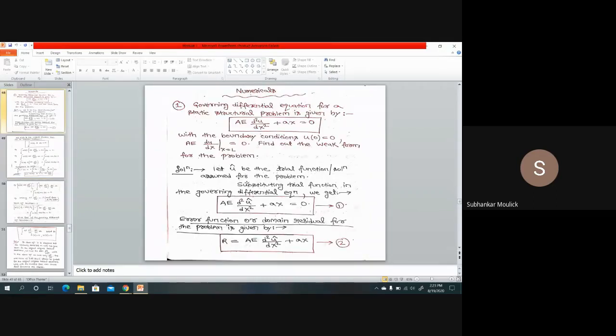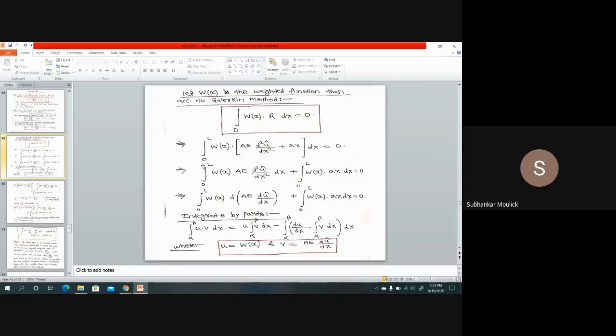In this problem, my domain varies from x equal to 0 to x equal to L. So I have to integrate from 0 to L the weighted function into the domain residual dx equal to 0.